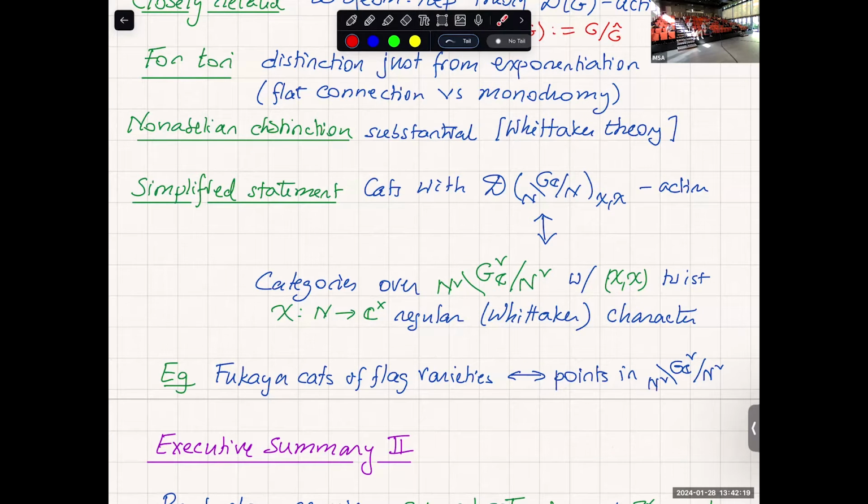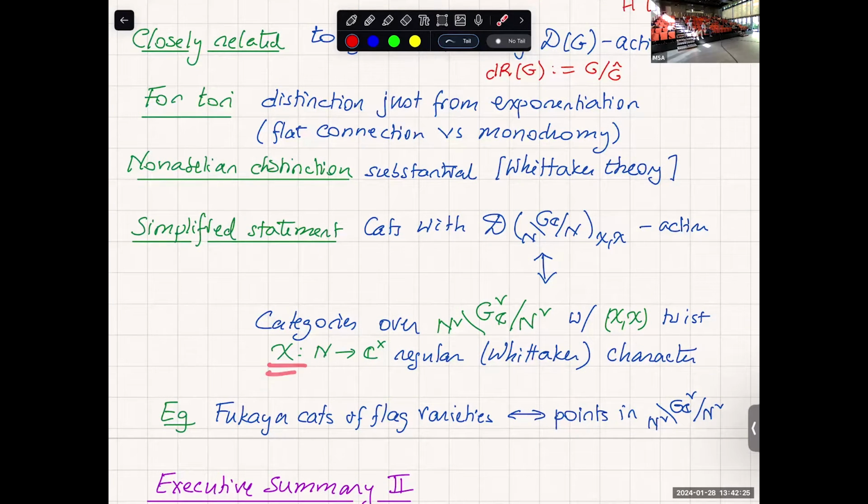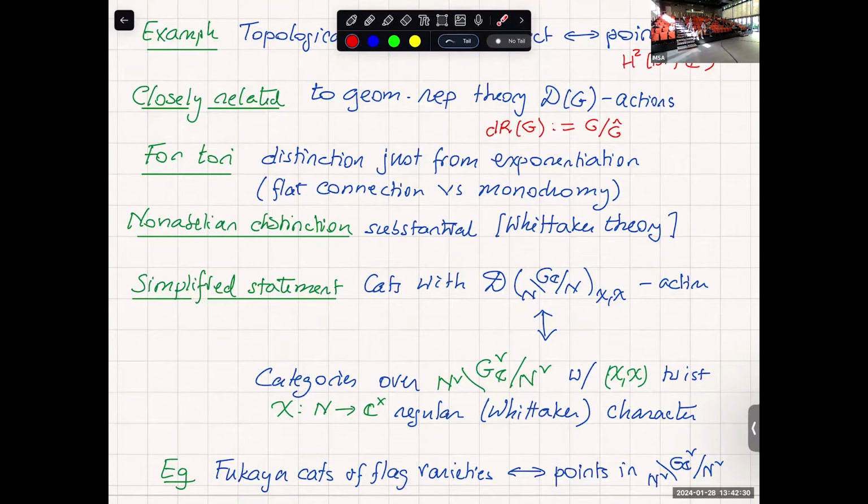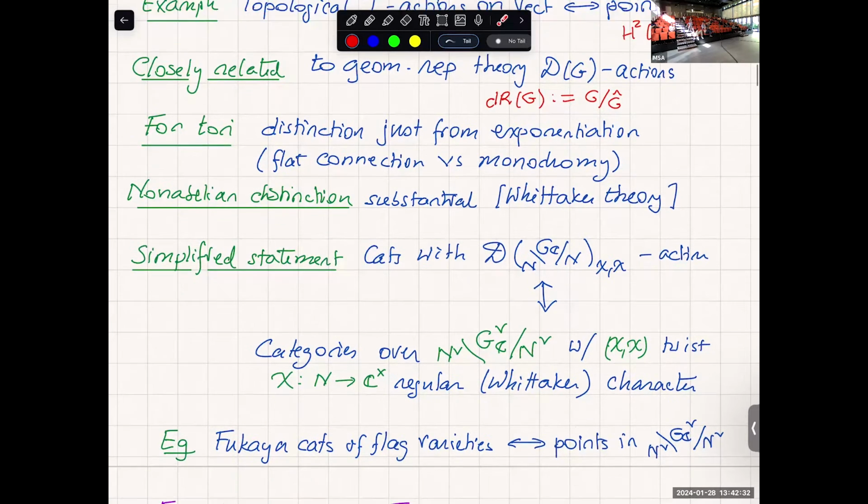I probably have to explain that. And chi is a regular Whittaker character of T. So I think this is somehow a substantial difference between the D-module side and the topological side.